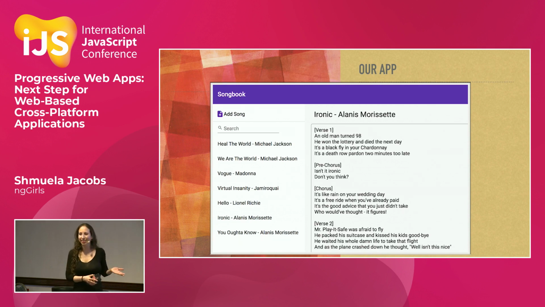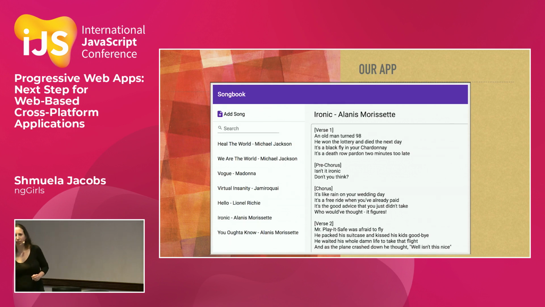So if you have this application installed on your mobile phone, and it's a web application, and you've already looked for the songs that you like, then they will be cached, and you will be able to just open them on your phone.